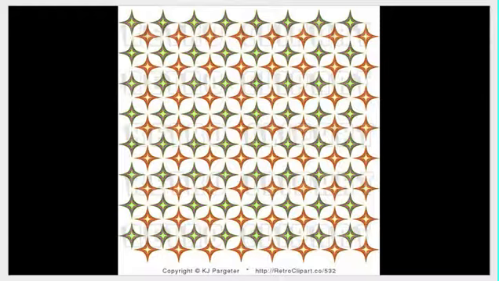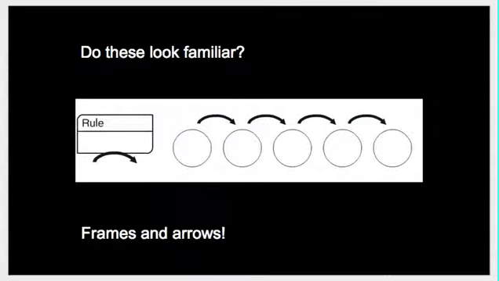So we're going to take a quick check-in here on something that maybe you remember from past years. Do these guys look familiar at all to you? Maybe they do. Well, they're called frames and arrows. Let's just review really quick that the little circles here, these are what we call the frames, and they are going to hold our numbers, okay?